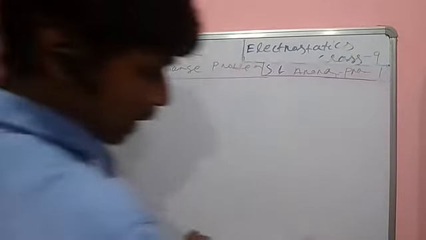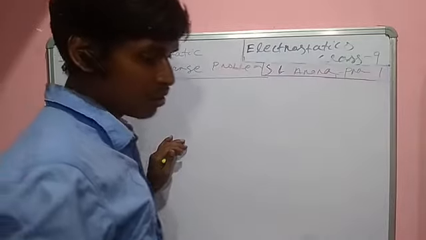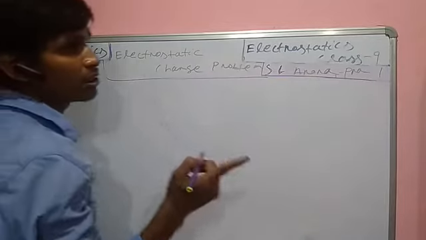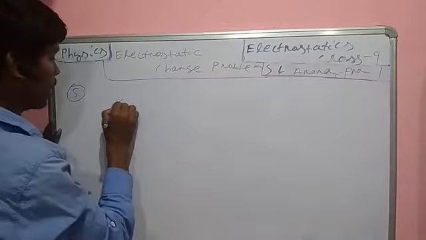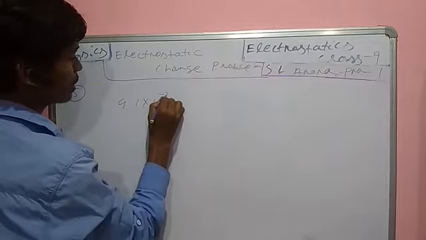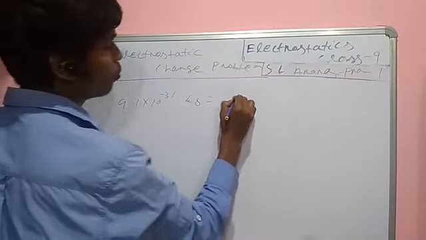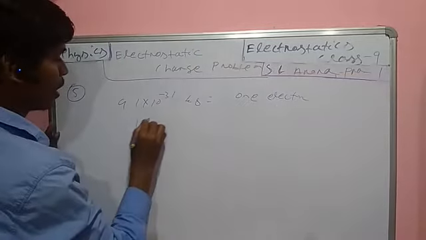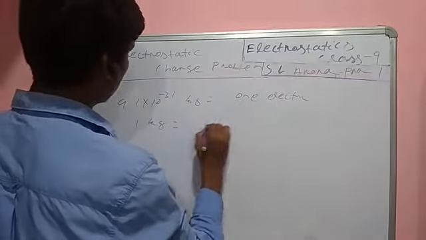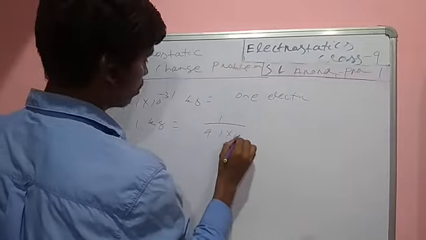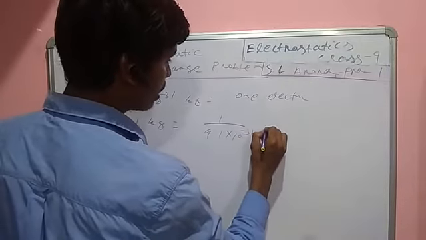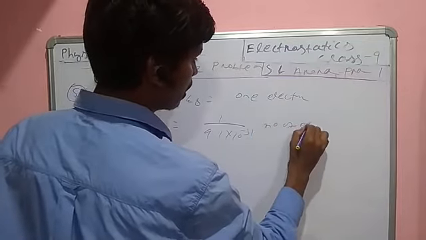Question number 5. Determine the total charge on 75 kg of electrons. That means 1 electron has a mass of 9.1 into 10 to the minus 31 kg. So 1 kg is equal to 1 by 9.1 into 10 to the minus 31 number of electrons.